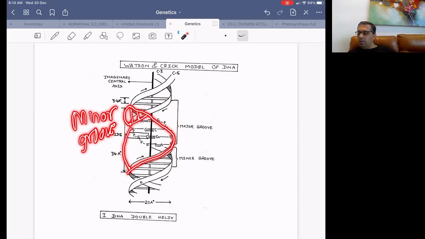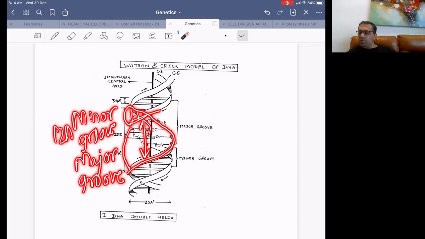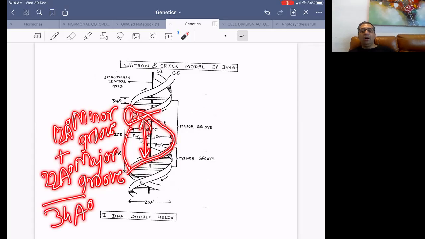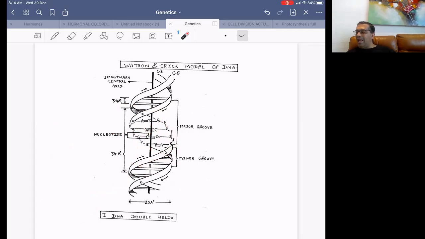This is the major groove. So how much will that be? It will be 12 angstroms plus 22 angstroms. A total of 34 angstroms will be the distance of one spiral, and that is called the pitch of the DNA.